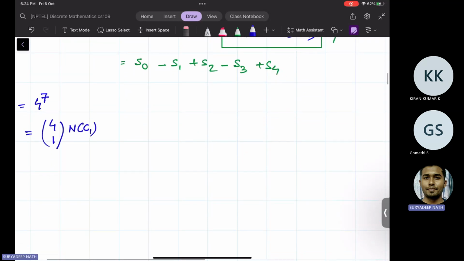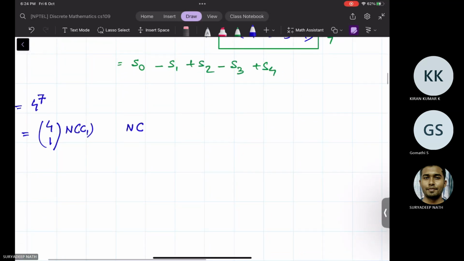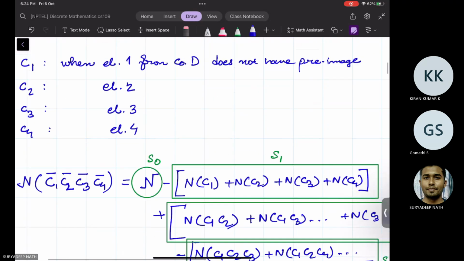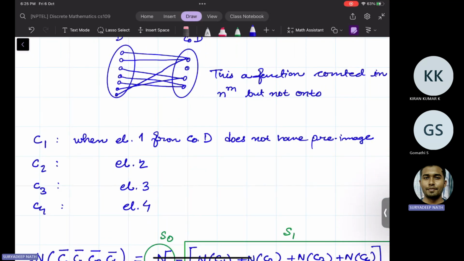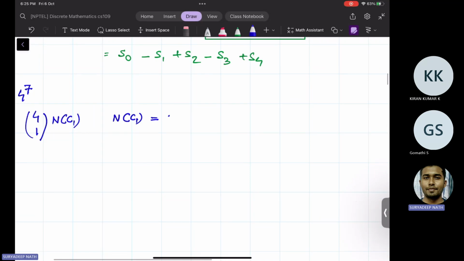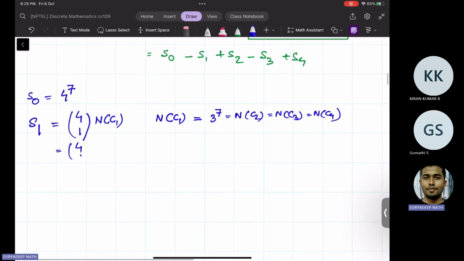So nC1 is when you remove one element from the codomain and find all possible functions. So the formula is basically n minus 1 to the power m. So it would become 3 to the power 7. This is also equal to nC2, nC3, nC4. So that makes it 4C1 times 3 to the power 7.